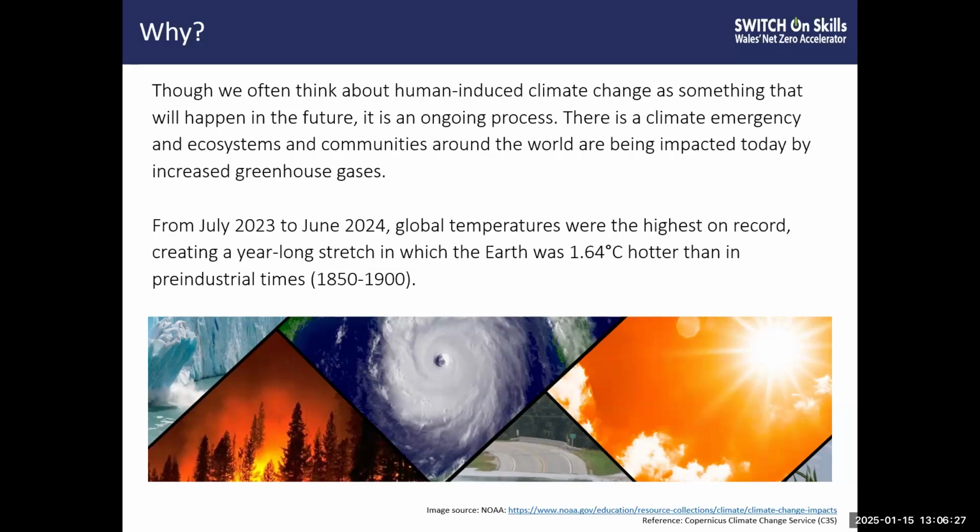The aim, which the world has agreed at the COP meetings, is that we should stop the planet heating by 1.5 degrees Celsius. Last year we already were greater than that, at 1.64. It doesn't mean that we've failed that target, because the target is actually measured over decades, averages rather than single years. But it's still quite a shocking figure, and it's not a good sign of how things are going.